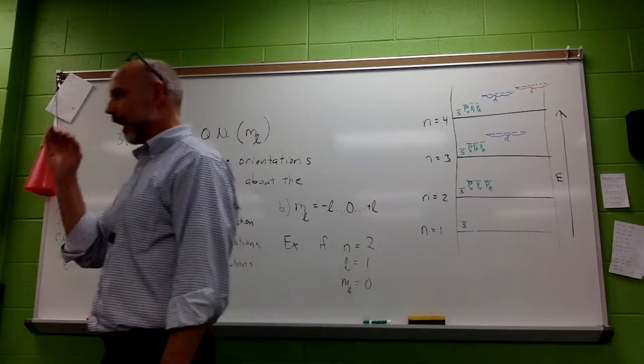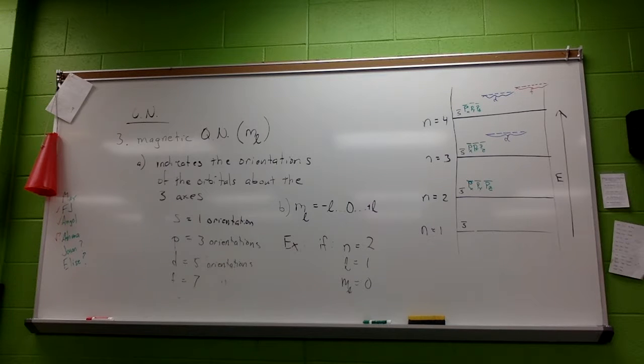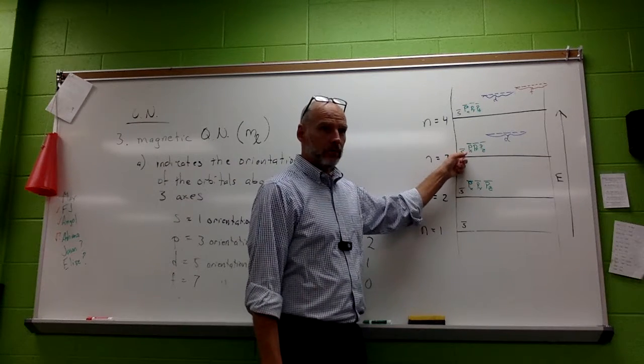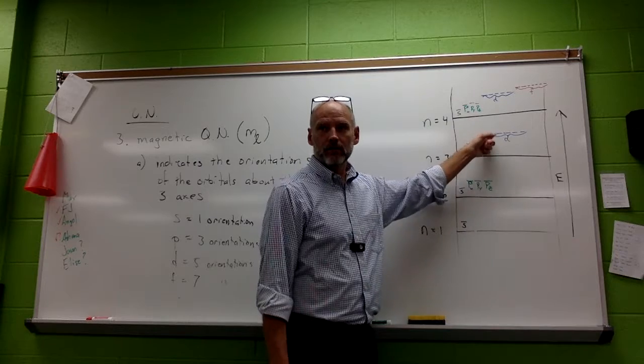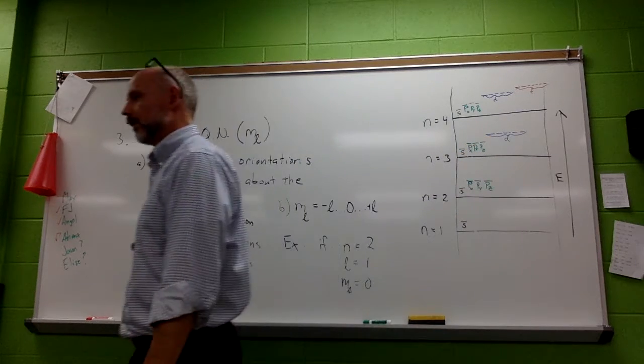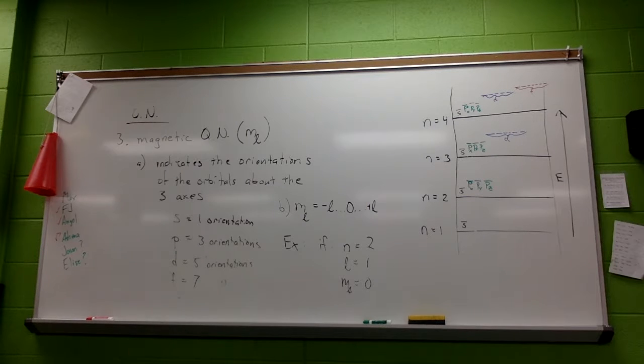So n equals 3 gives us 3 different ideas. It tells us which energy level, it tells us how many differently shaped orbitals, and I just got done saying it also tells us the number of orbitals at that energy level. What's 3 squared? 9. How many orbitals are there? 1, 2, 3, 4, 5, 6, 7, 8, 9. Isn't that cool?